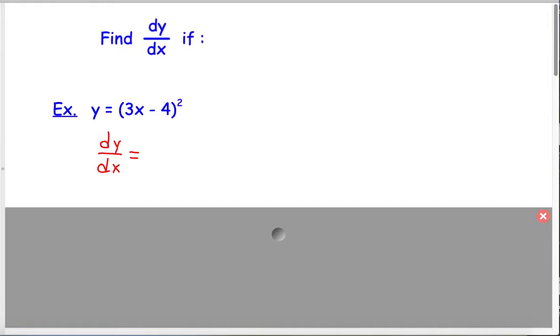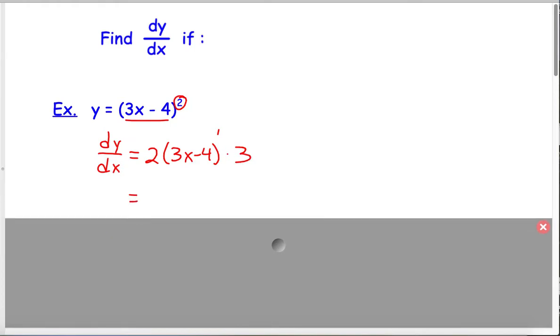So what's the derivative of something squared? Well, it's 2 times something to the first power. So that's the first part. Then times, so now we've taken care of the squared function. Now we have to do the derivative of the inside. What's the derivative of 3x minus 4? That's just 3.